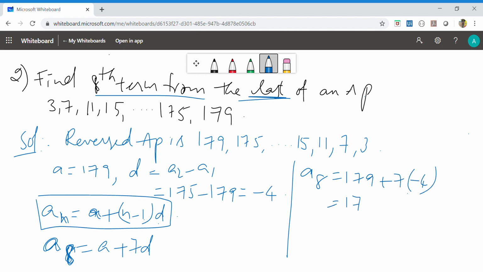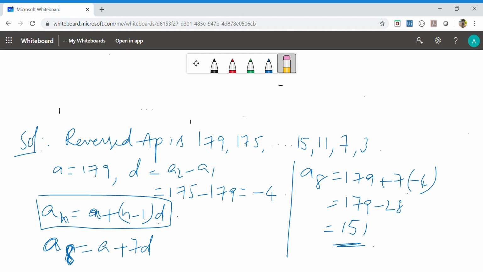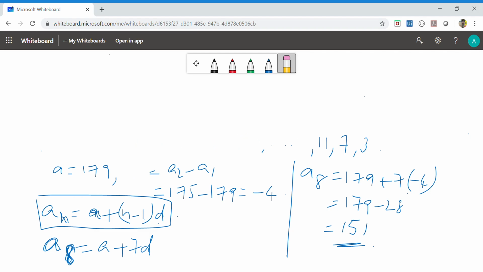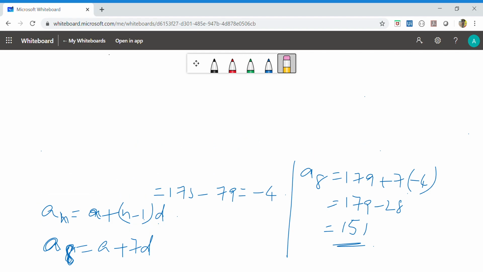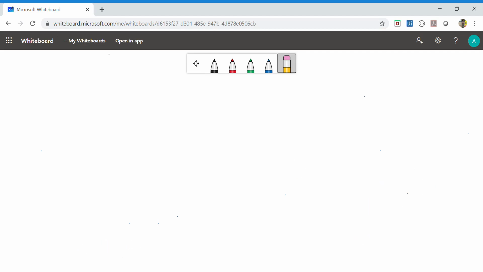So 179 minus 28 is nothing but 151. 151 is the answer. What he asked is to find the eighth term from the last of the finite AP. Since it is a finite AP, you can reverse that AP and find the eighth term. Next.